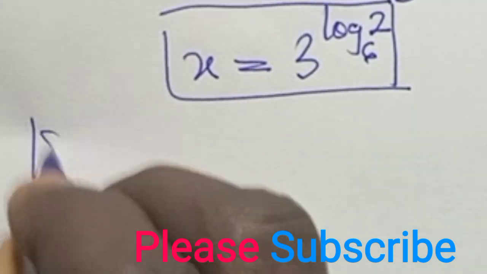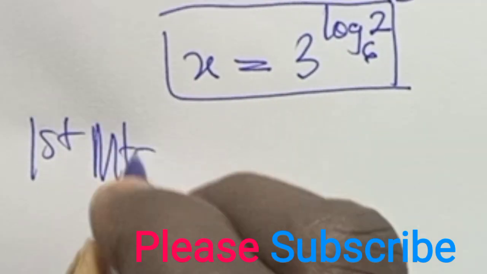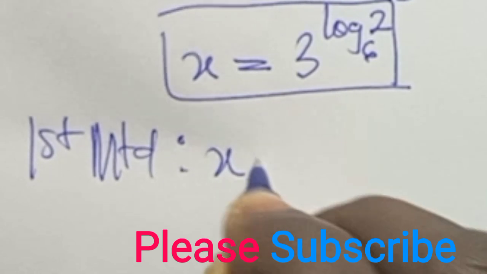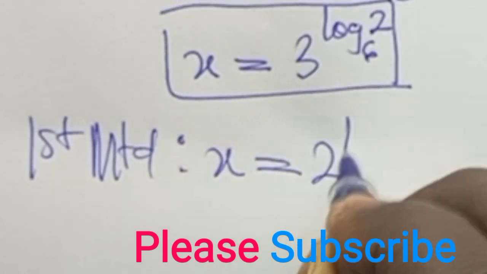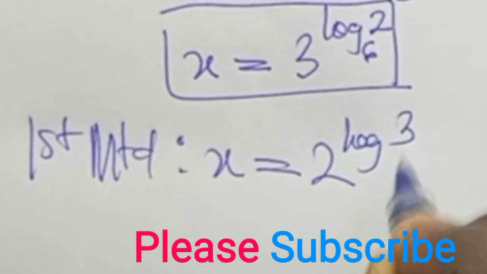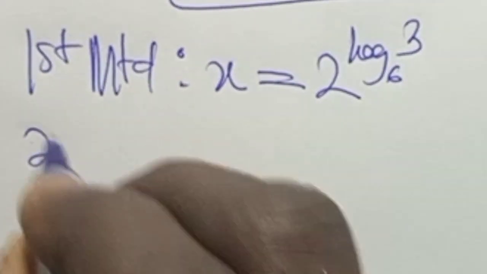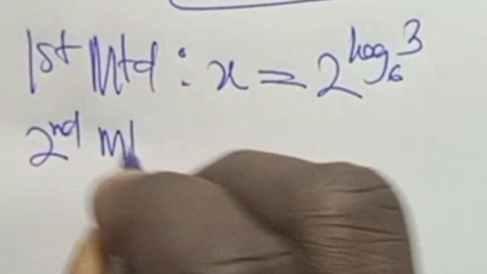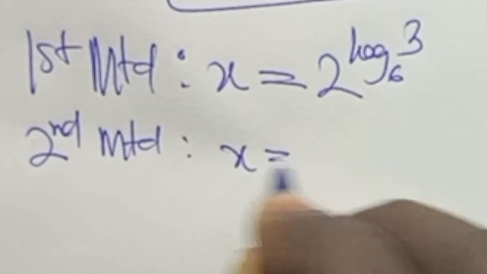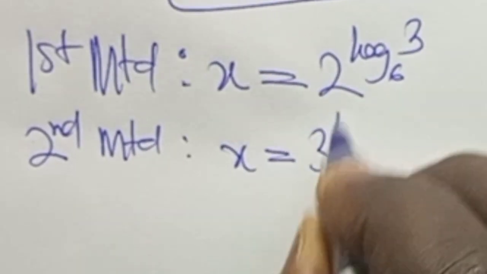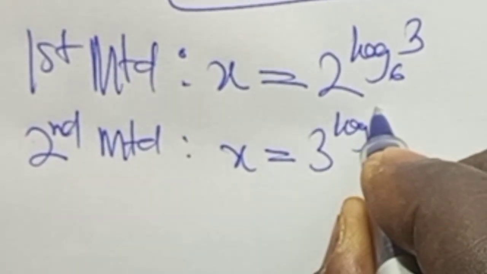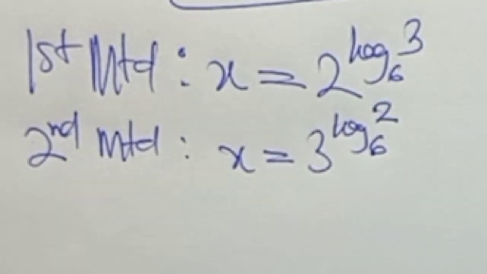So from the first method, x was equals to 2 power log 3 to base 6. And the second method, x is equals to 3 power log 2 to base 6.